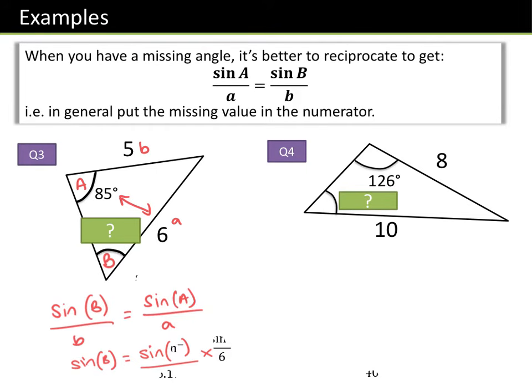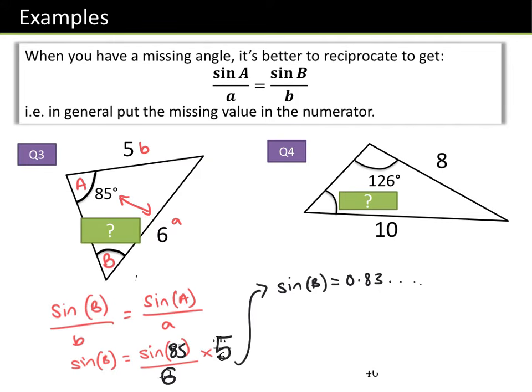So sine of A is 85 over 6 multiplied by B, which is 5. Okay? I then know that when I put that into my calculator, so I've got sine of 85 over 6 times 5, I'm going to get sine of B equals 0.83 something.